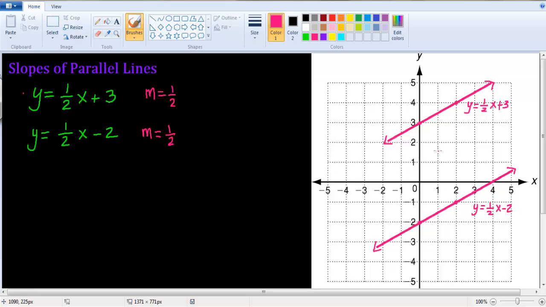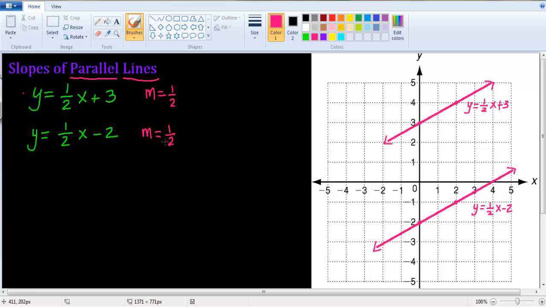Notice that these lines will never, ever intersect. And from your knowledge in geometry, 2 lines that never intersect are called parallel lines. Parallel lines are lines that will never intersect. If I continue to draw this line and this one forever, they will never crash together. They will never meet. Therefore, they are parallel.